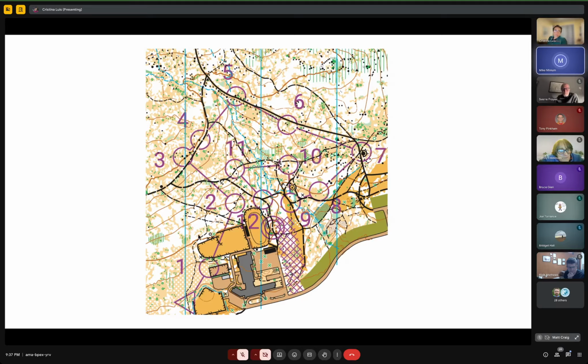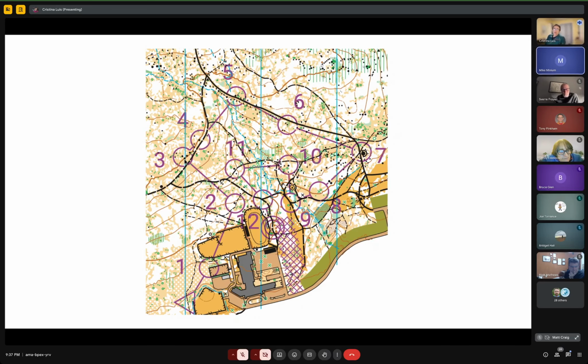In general, one of the things that I tell kids is if the circle overlaps the trail, overlaps the feature, you probably can see the feature from the trail. Now, if the flag's on the other side of the boulder, you might not see the flag, but you should see the boulder from the trail.